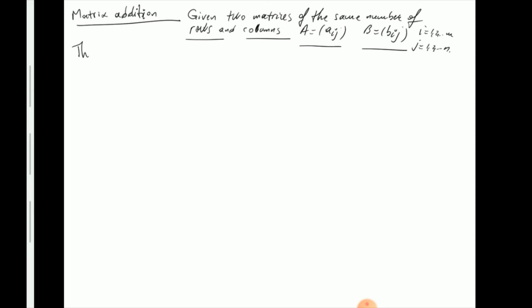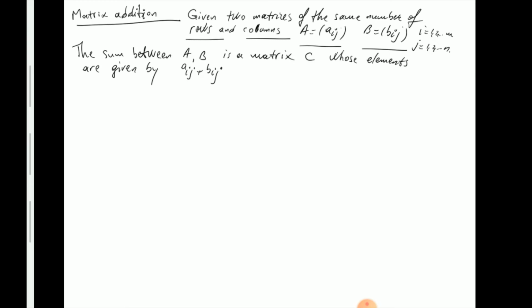So the sum between A and B, the addition of these two matrices, is a matrix C whose elements are given by Aij plus Bij. Okay, so A plus B is a matrix C, which is described by Cij, in which Cij is equal to Aij plus Bij.